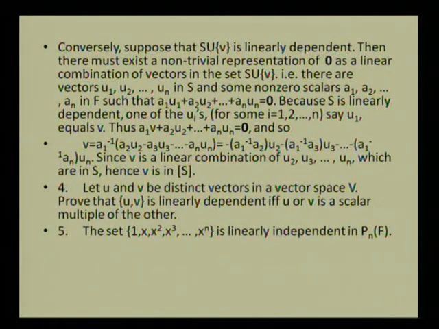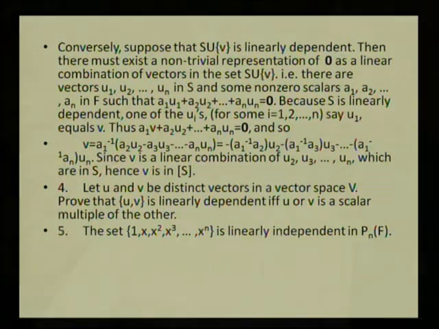Here we know that a1 is non-zero. It means that v can always be represented using a1 inverse, as minus a1 inverse multiplying a2 multiplying u2, minus a1 inverse multiplying a3 multiplying u3, and so on, minus a1 inverse multiplying an multiplying un.